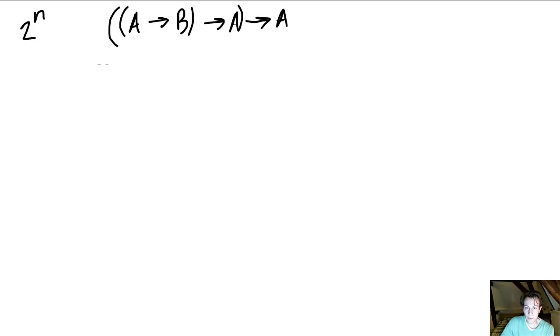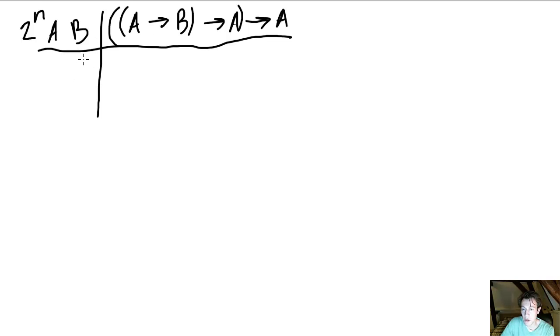Well, let's evaluate this statement first, and then you'll see what's so special about this statement. So we got A and B, so we only have 2 statements, so we can get 4 different results. So we'll first evaluate this part, and then we'll evaluate this part, and then we got the entire part over here.